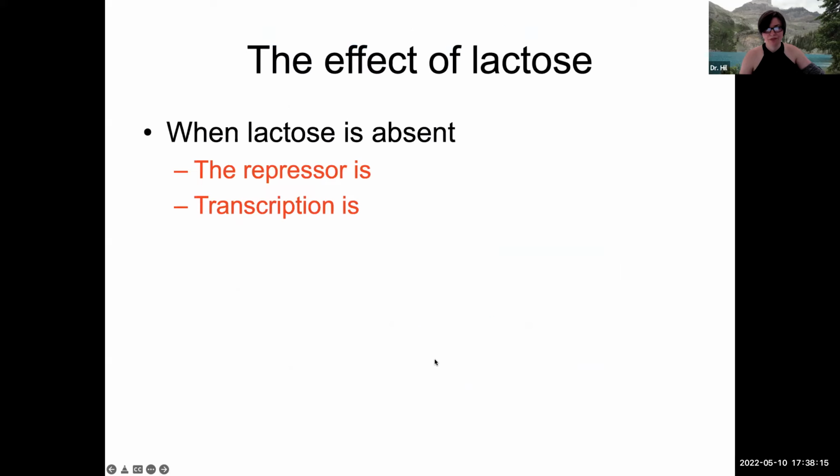Okay, so when lactose is not present, when lactose is absent, the default state for the repressor is what? Active or inactive, functional or non-functional, ready or lazy. Lactose is absent. There's no lactose in the environment.